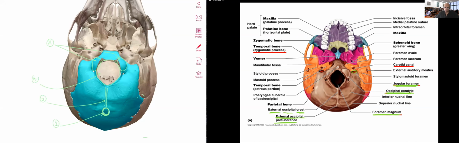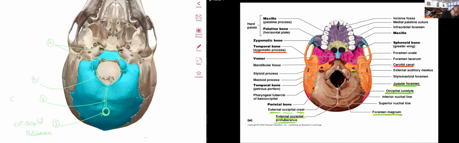So what did we call number 1 again? My external occipital protuberance. What do we call number 2 here?